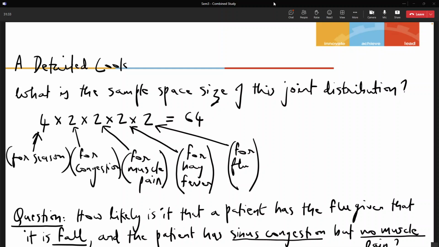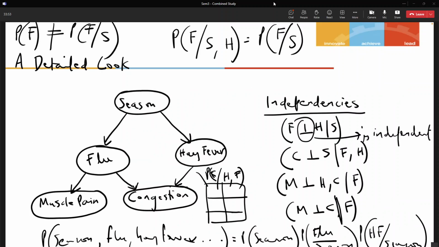So this is 4 into 2 into 2 into 2. But here, this is not relevant, so it will be 4 into 2 into 2, right? So the total amount of probabilities which we have to store is this plus this. So for hay fever, do we have two, or is it only one?